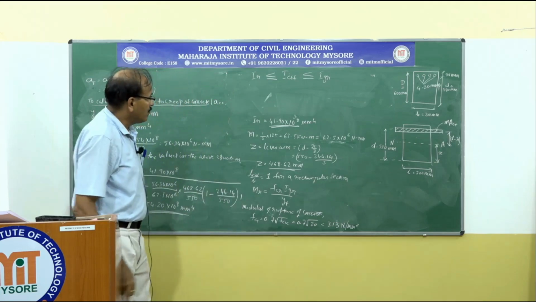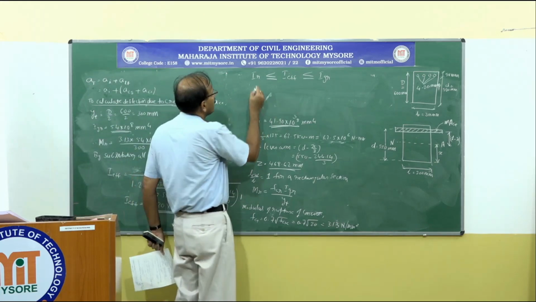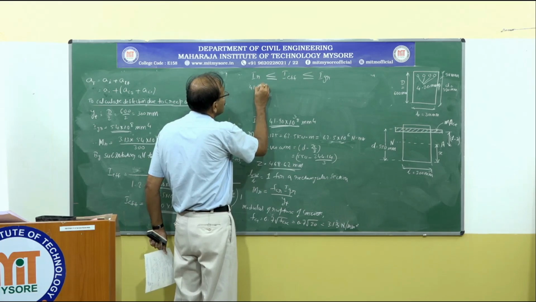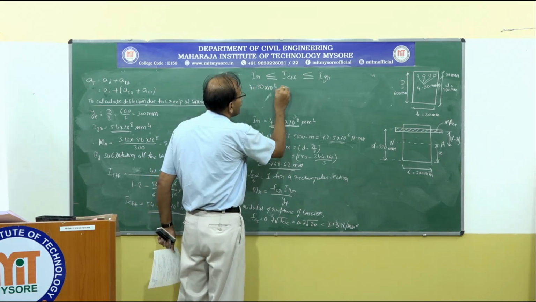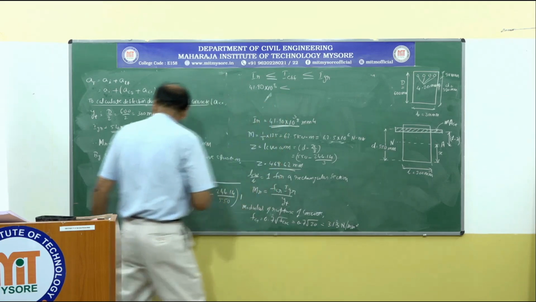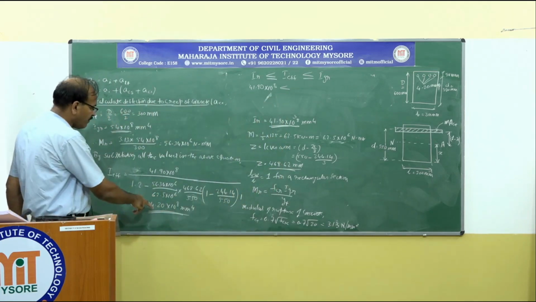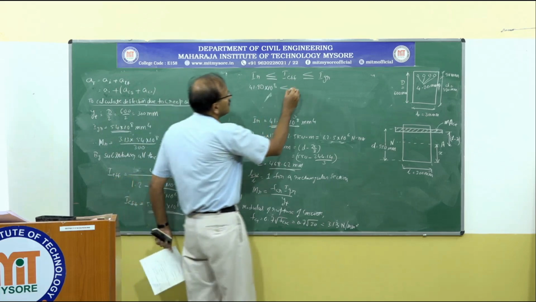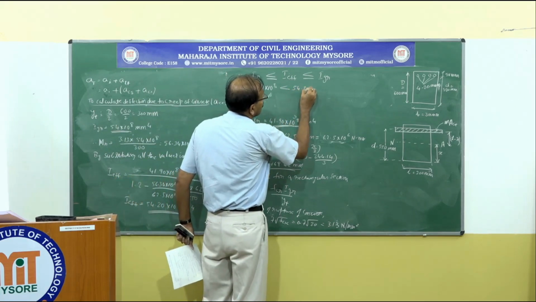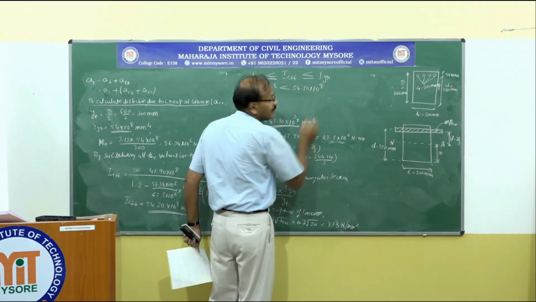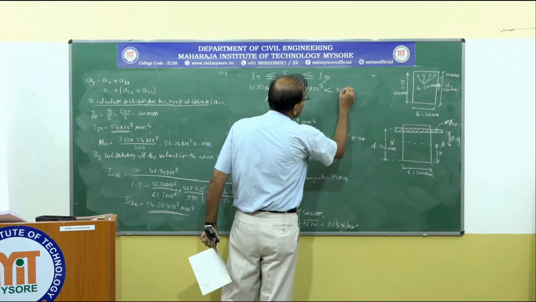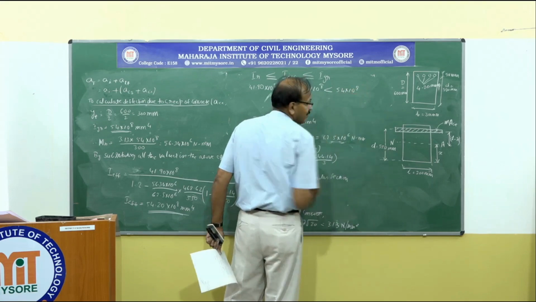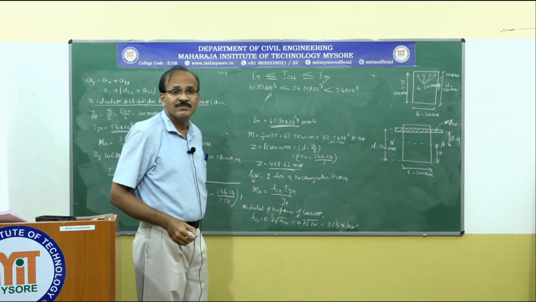Here Ir is 41.90 into 10 to the power of 8, which is less than I effective, 54.20 into 10 to the power of 8, and that should be less than I gross, that is 54 into 10 to the power of 8 millimeter to the power of 4.